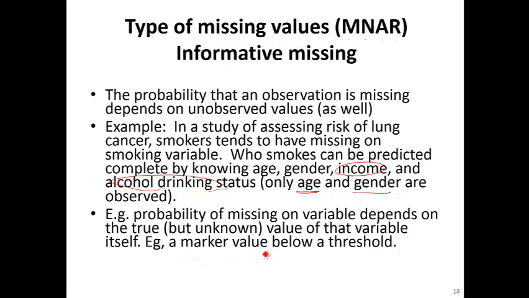And you might think you could predict those missing, whose value is under the detection limit, by knowing other markers, although other markers also have detection limits. So in that situation, it's really hard to impute because a person who has a missing value also misses other variables.